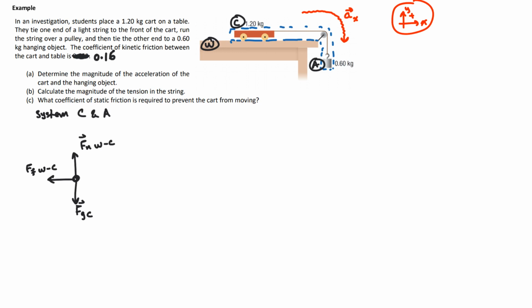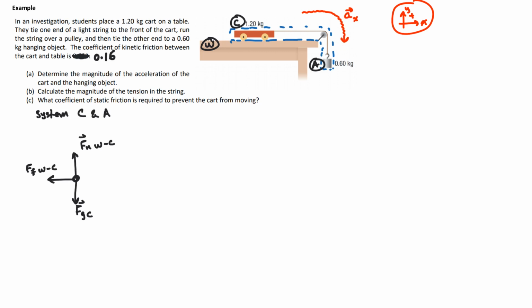Now let's look at my other objects inside. I see this object over here, and there are two forces acting on this, gravitational force and the tension force. The tension force is going to be considered as an internal force. So the only force that I need to consider for my system here will be the gravitational force acting on the mass here. That force is acting downwards, and that's parallel to my acceleration.